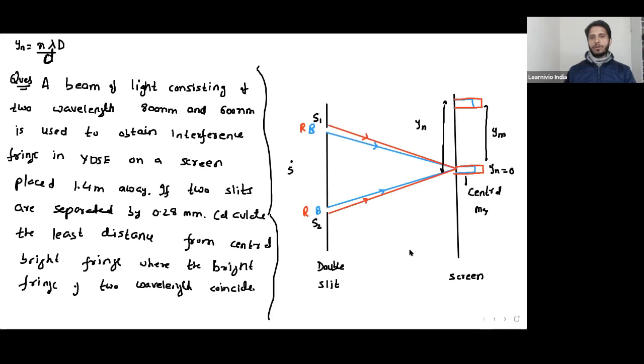I don't know the exact numbers, n and m could be 2, 3, 4, 5, 6, 7. So I'm taking one as n and another as m.